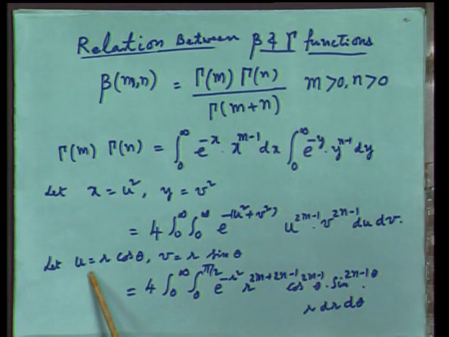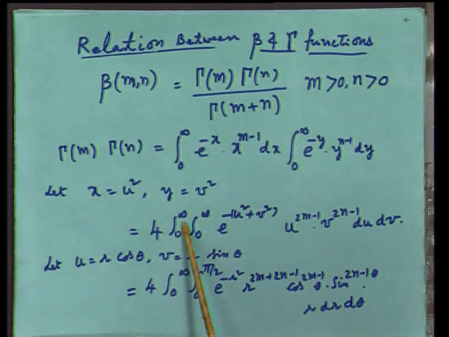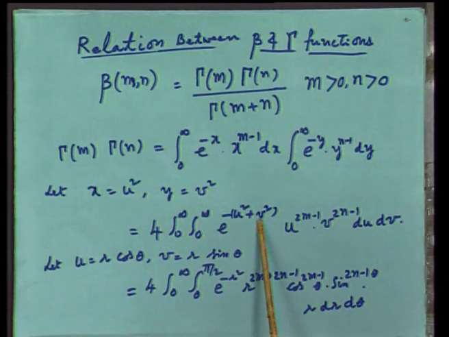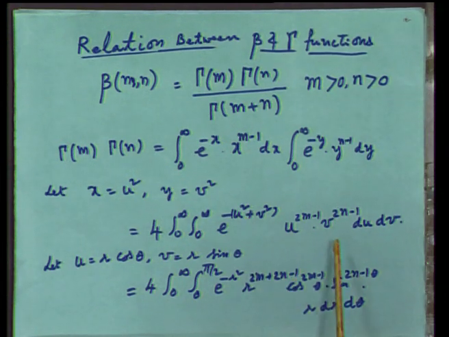So, once again you introduce the polar coordinates, namely u equal to r cos theta and v equal to r sin theta, so that this integral will reduce to 4 times integral where theta varies between 0 to pi by 2 and r varies between 0 to infinity, e power minus r square, because u square plus v square will be simply r square. So, e power minus r square into r to the power of 2m plus 2n minus 1 multiplied by, since u is r cos theta and v is r sin theta, cos to the power of 2m minus 1 theta, sin to the power of 2n minus 1 theta into r dr d theta.